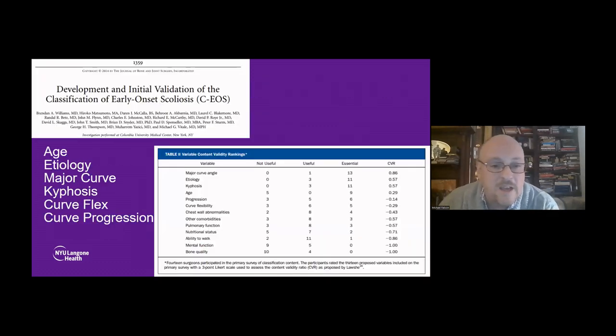As I was saying, with regards to classification of early onset scoliosis, this paper set out to look at what are those multivariables that affect our decision making in the treatment process of these patients. Split cord should fall into its own separate category for this decision making in terms of trying to define what the treatment regimen should be.